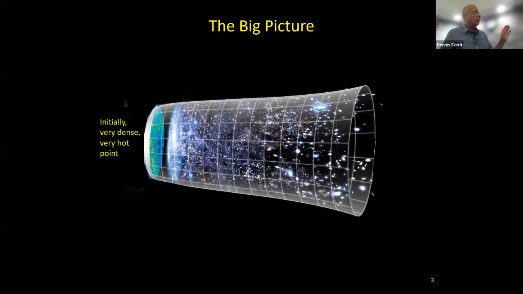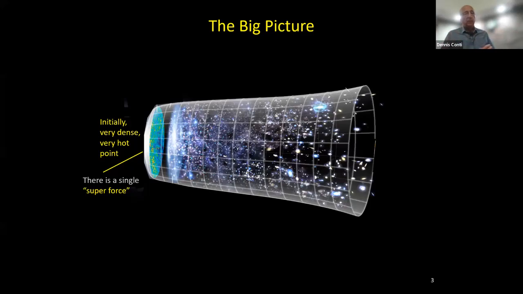what I'll be talking about is initially the universe started as a very dense, very hot point. And at some point, that particular initial part of the universe contained, and I'm going to explain this later, something called a superforce, which is made up of four forces.